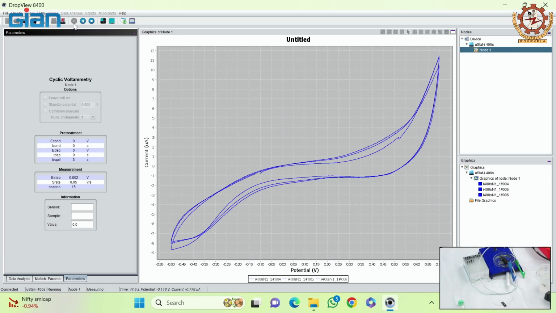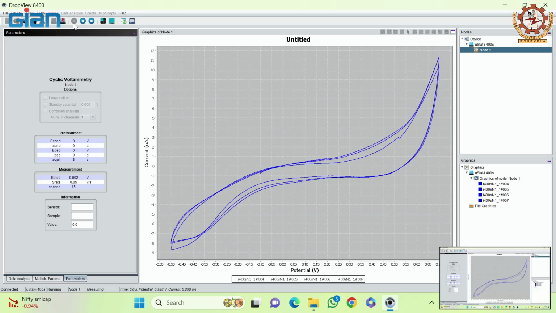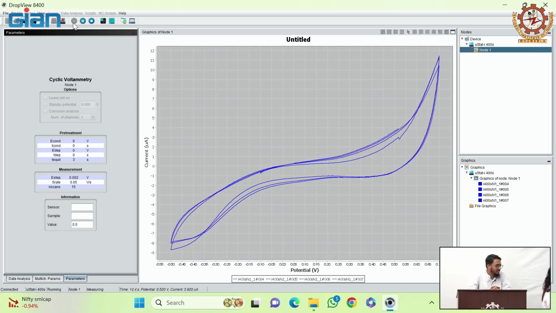We have to wait patiently until all the curves are done. Ideally, if your CV is working properly and all your electrodes are working fine, then the scans should overlap more or less. All the scans should overlap. Here they are overlapping, as you can see, which is a good sign for us.